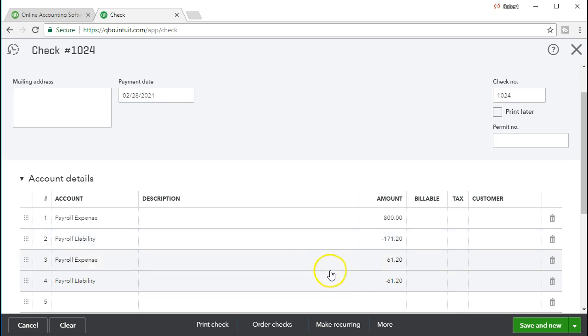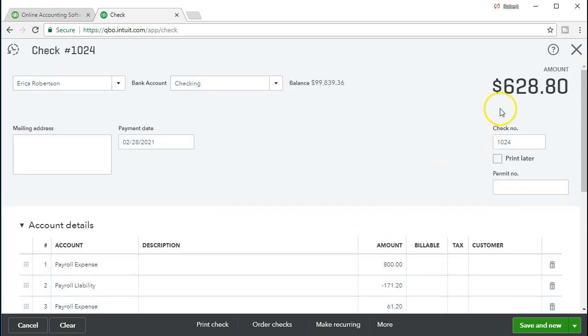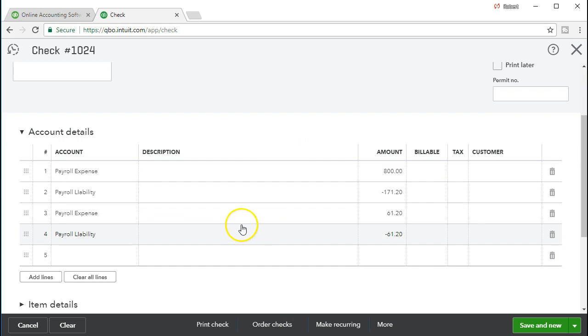And then the difference there is going to be a decrease in the checking account to what we're actually going to pay Erica. And then we've got our payroll expense, 6120. That's what we are paying. That's another expense, more like a payroll tax expense, that's going to increase the expense and decrease net income. And the payroll liabilities that we didn't take from the employees but still owe in the form of payroll taxes, because it's kind of like a matching type of thing.